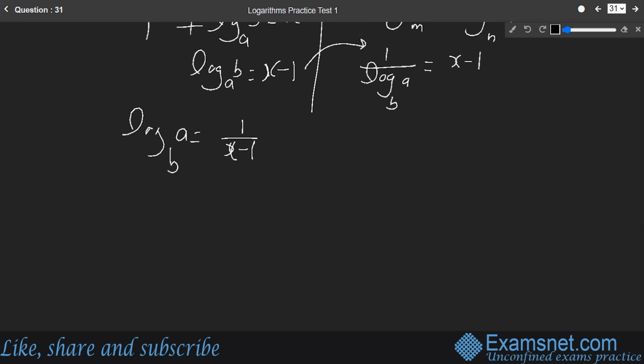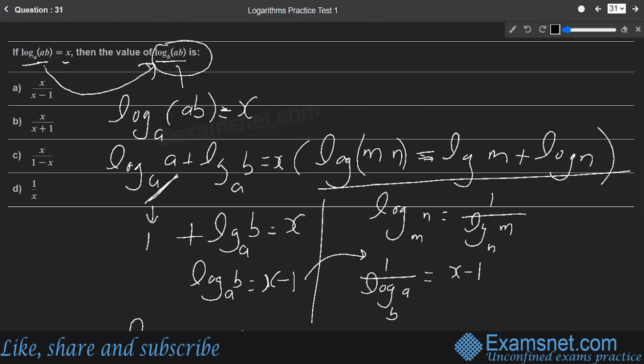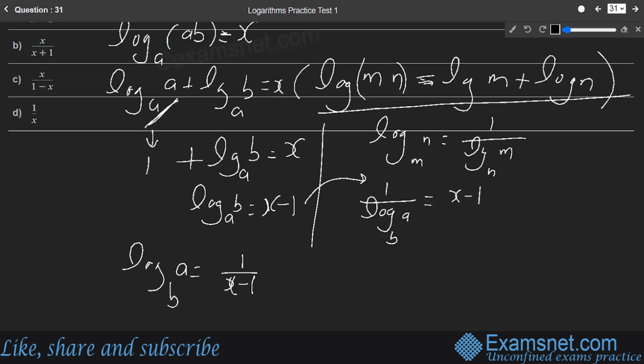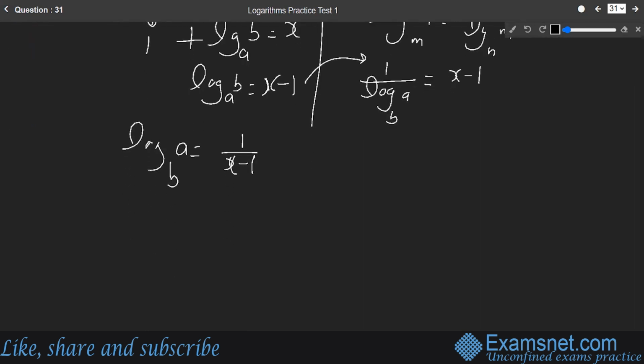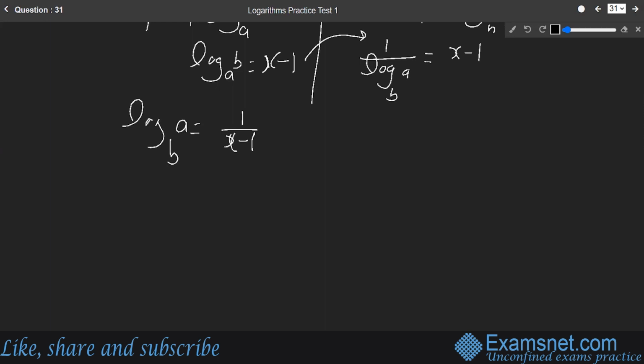Now we are not supposed to find log base B A, we are supposed to find log base B AB. So let us start manipulating that. What we have achieved is log base B A is equal to 1 over x minus 1. For log base B AB, we need one more B in the picture.